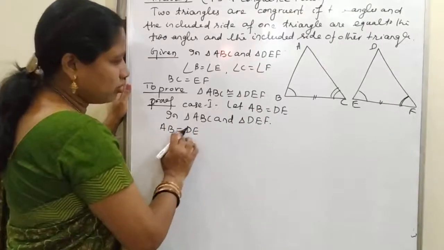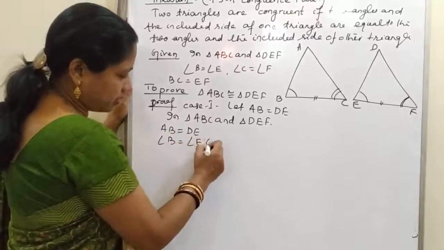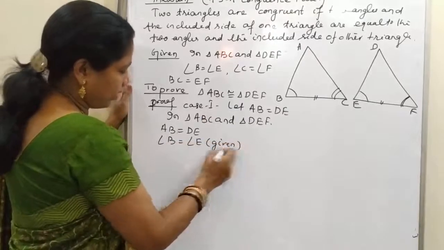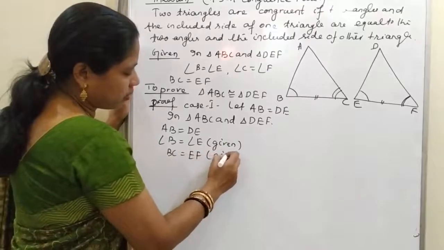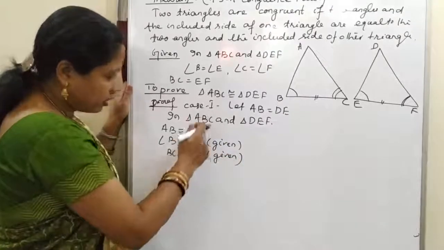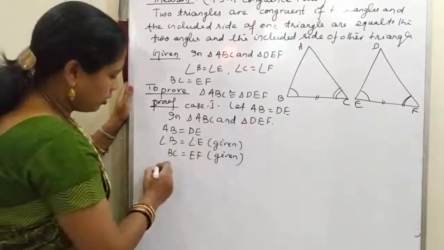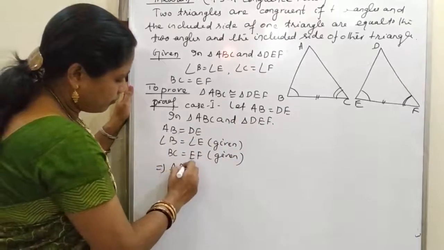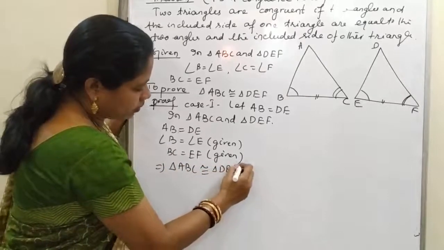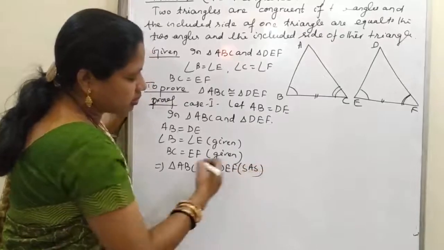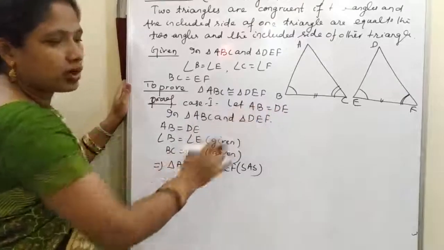Angle B is equal to angle E, it is given, and BC is equal to EF, this is also given. So from these three conditions, it is proved that triangle ABC is congruent to triangle DEF. This is the SAS congruence condition. So we have proved this theorem if AB is equal to DE.